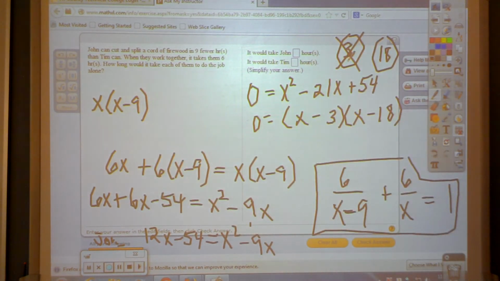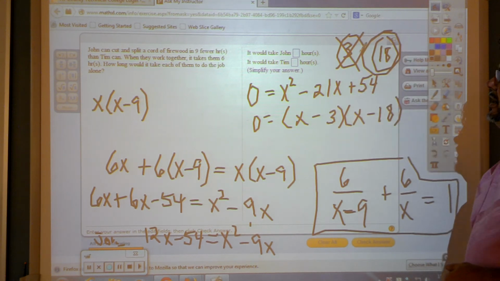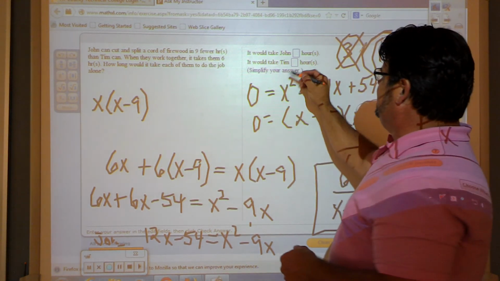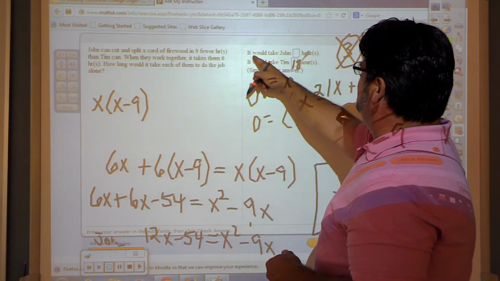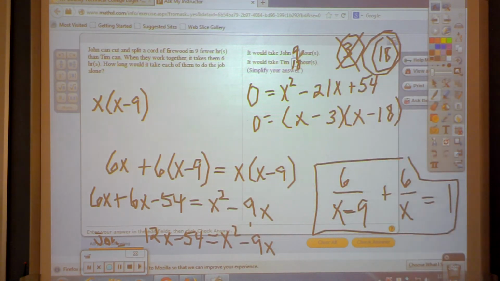Negative 6. So John can cut and split a cord of firewood in negative 6 hours. The first thing you'd be doing if somebody told you that is trying to figure out what negative 6 hours is. So that's not true. It has to be 18. So it would take Tim 18 hours, and it would take John 9. And I think that's what we got yesterday.